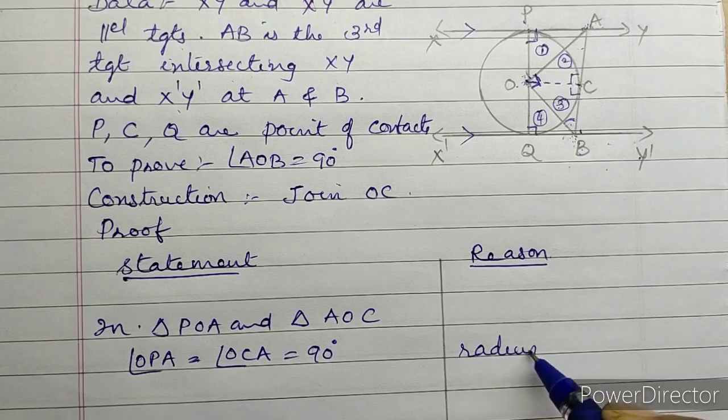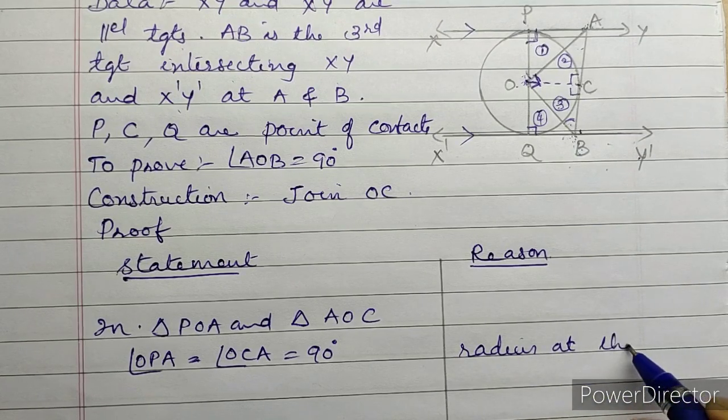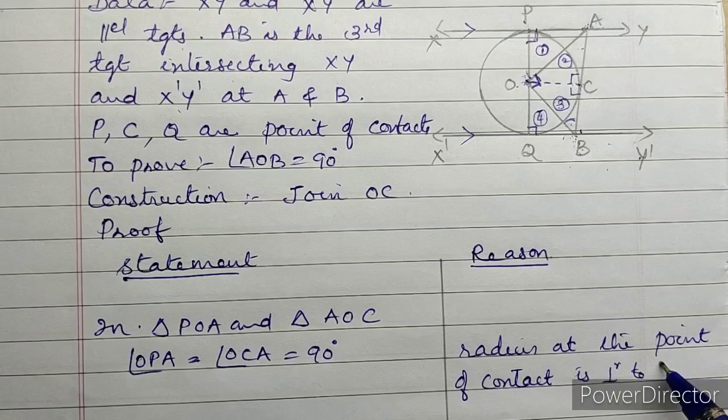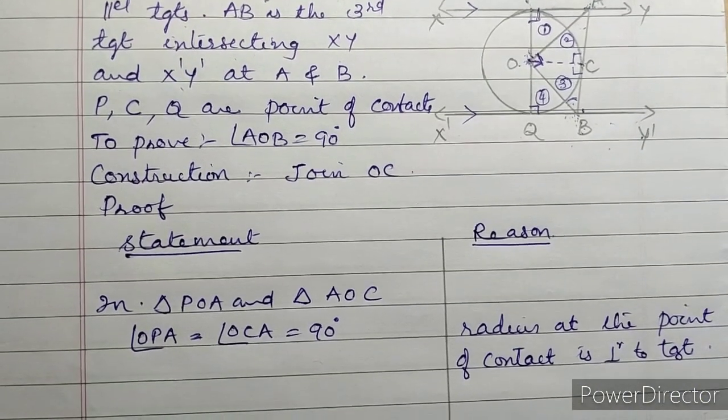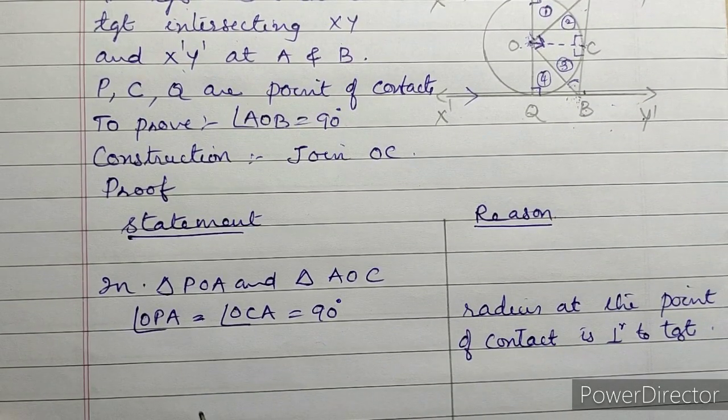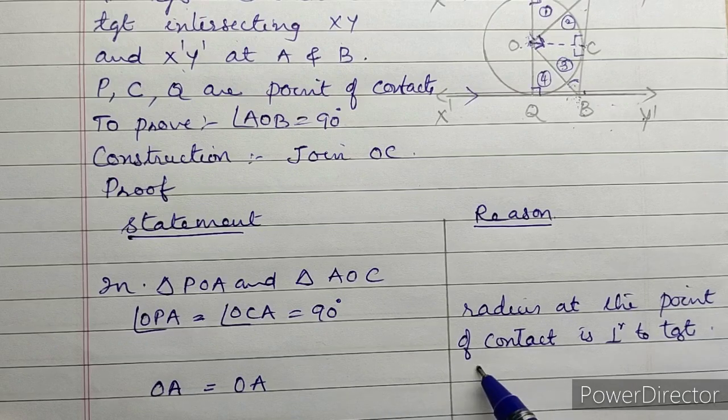Radius at the point of contact is perpendicular to the tangent. So the radius at the point of contact is perpendicular to the tangent. Now, the 90 degree angle you got. Now take the hypotenuse. OA is the hypotenuse I told you. OA is equal to OA, common side.